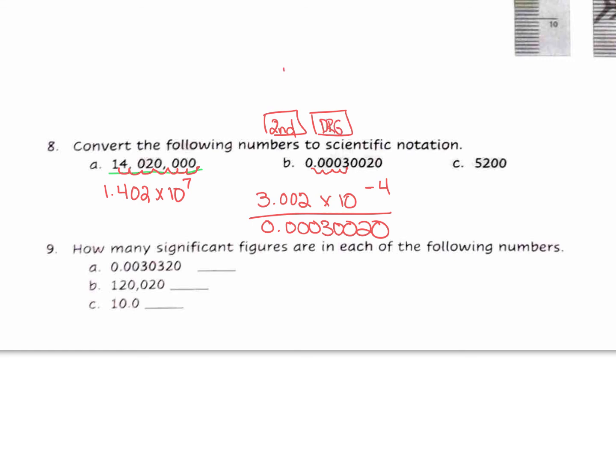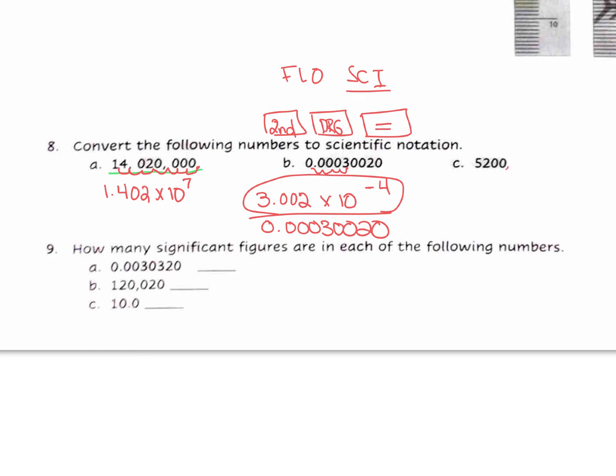And then up at the top, it will say flo and sci. And you want it to underline sci. And so use your arrows to move it, and then hit the equal key, and it will give this number just like this.